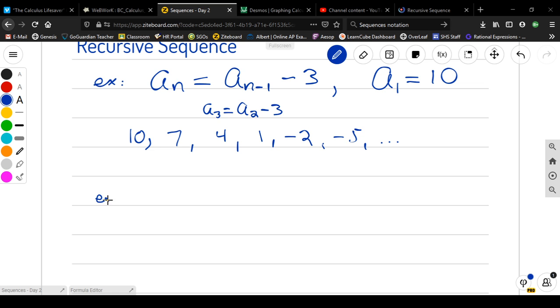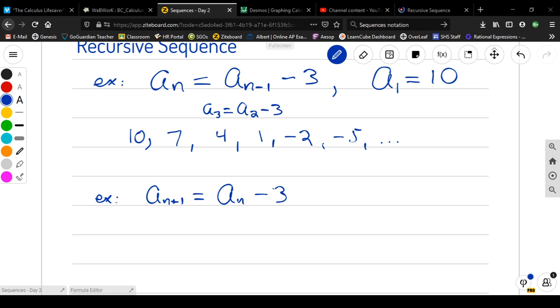Also, as an example, sometimes instead of saying a sub n is equal to a sub n minus 1, and some kind of action on there, we could say that a sub n plus 1 is equal to a sub n minus 3.